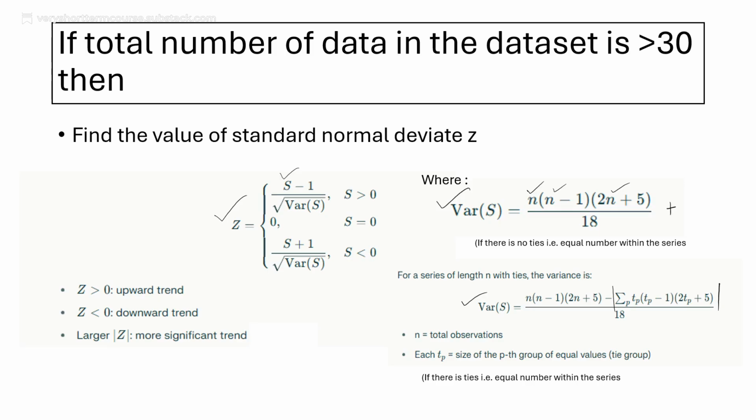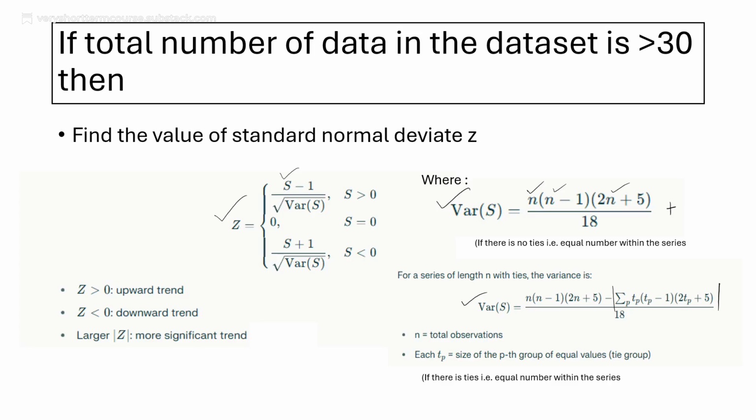This is what they have done and nothing else. t_p means t is the number of data points which are tied, which have the same value, and p is the pth group of equal values. Don't get confused or worried. P says how many groups of ties there are.